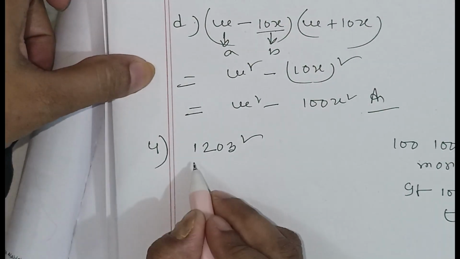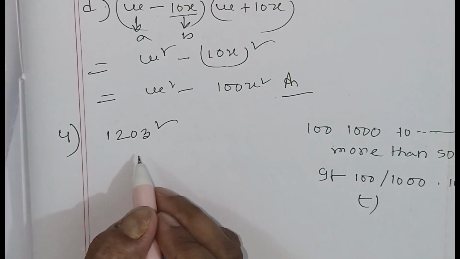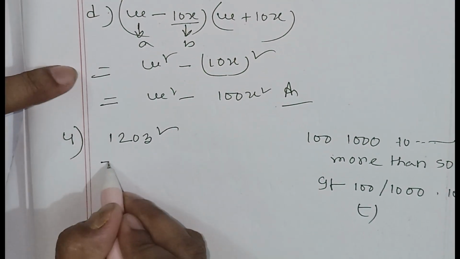So see, this is 1203, so I think this is 1000 more than. So this is the system.